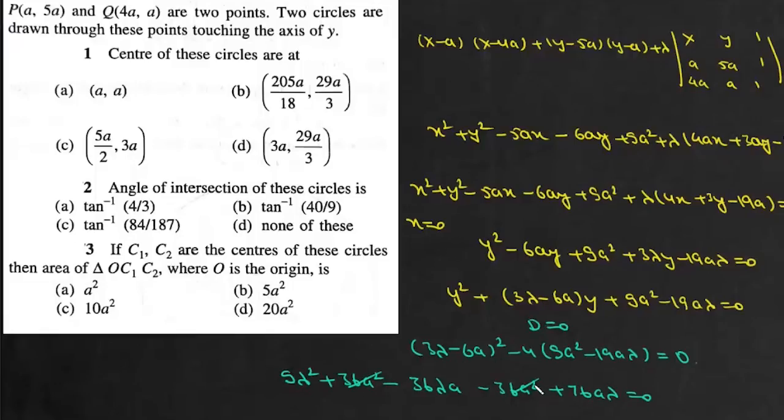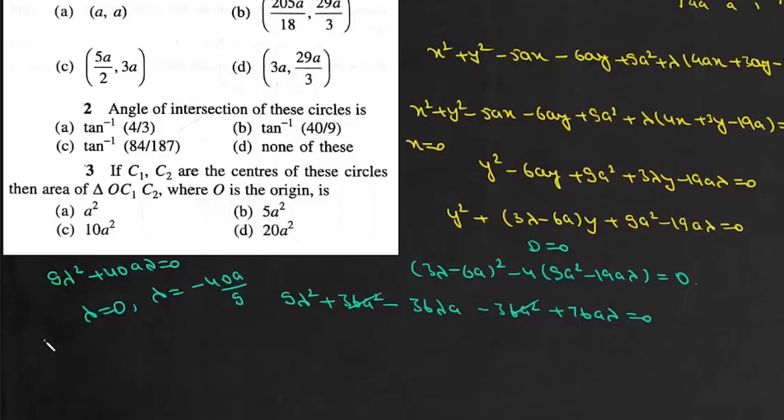Now this 36a square will cancel. We'll get 9 lambda square plus 40a lambda equals 0. So the value of lambda is either 0 or it is minus 40a by 9.